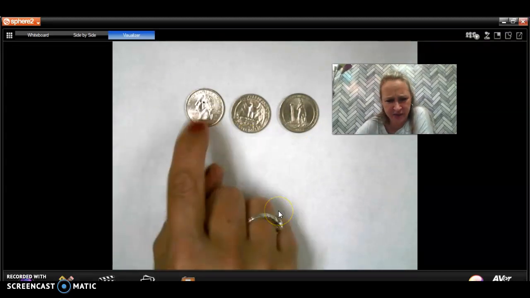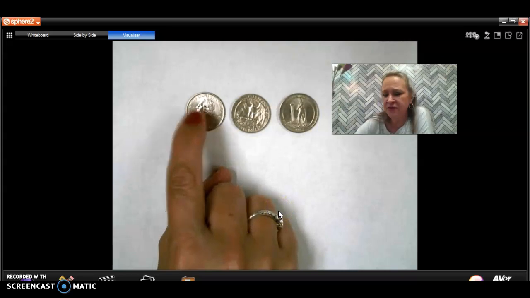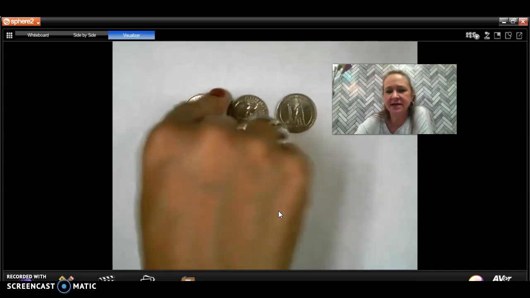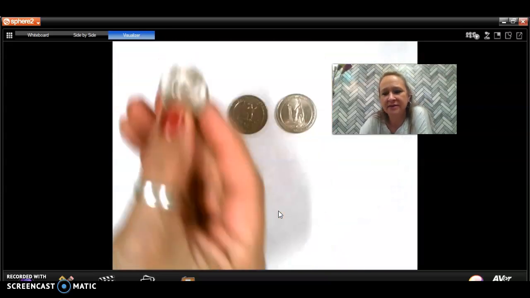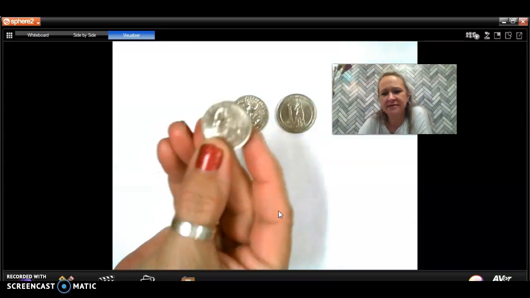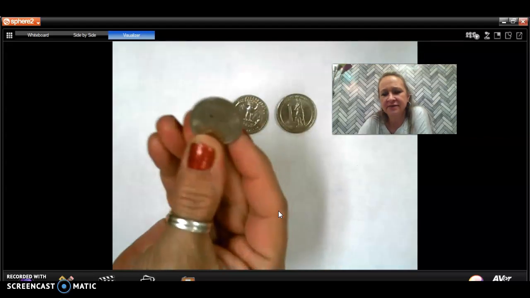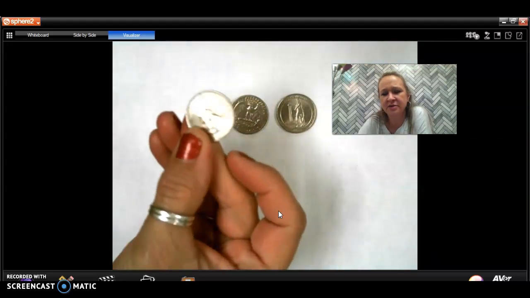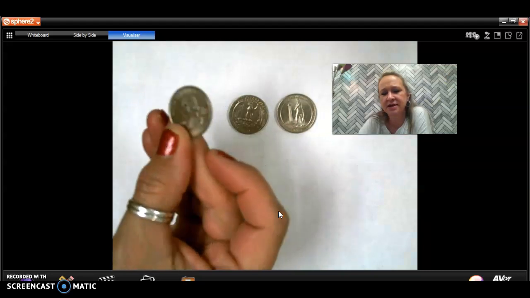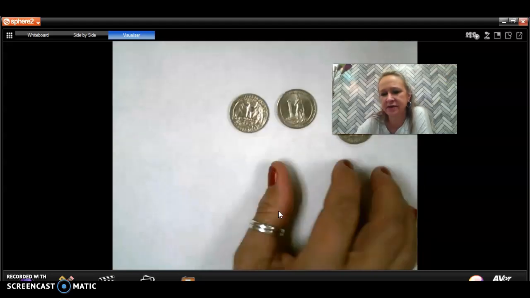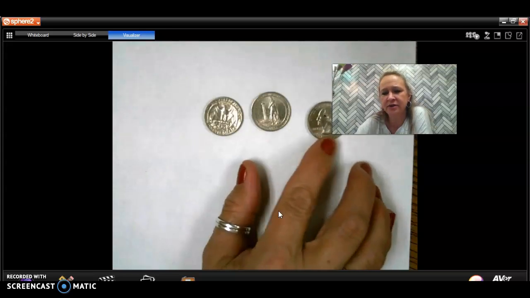You said there's a head right here. Whose head do you think that is? Can you see? It's kind of hard to see with the glare. He looks familiar. I think we've seen this guy before. Can you tell who that is? Let me see if I can see it better over here. Ah, that's a little better.